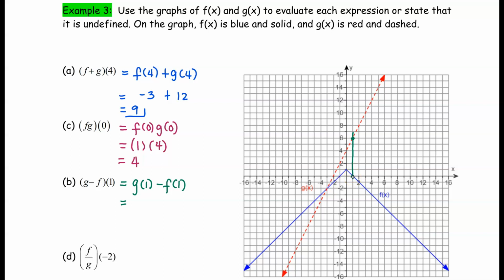And then let's plug in values. So when x is equal to 1, g of 1 is equal to 6. Minus f at 1. When x is equal to 1, f at 1 is 0. It intersects the x-axis. So that is 0. So 6 minus 0 is 6.